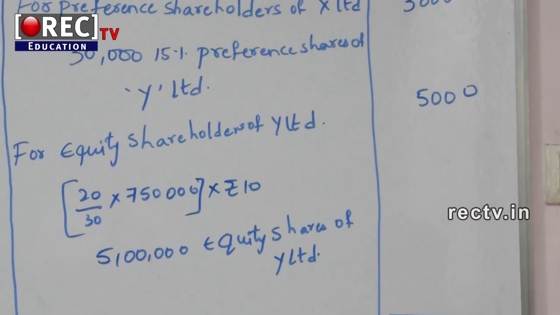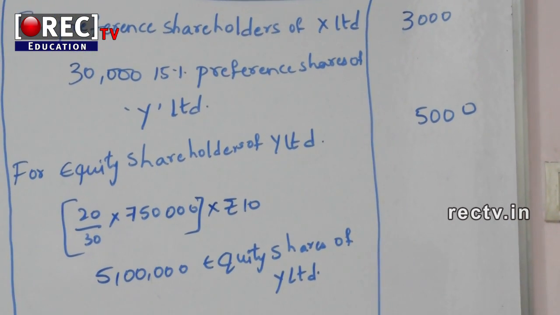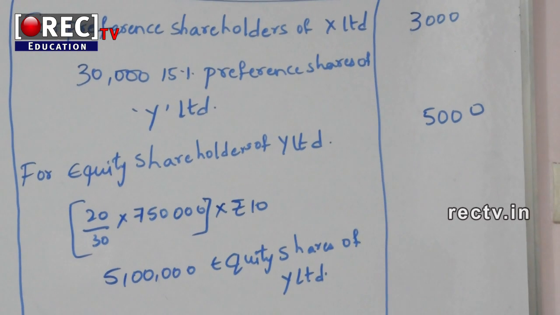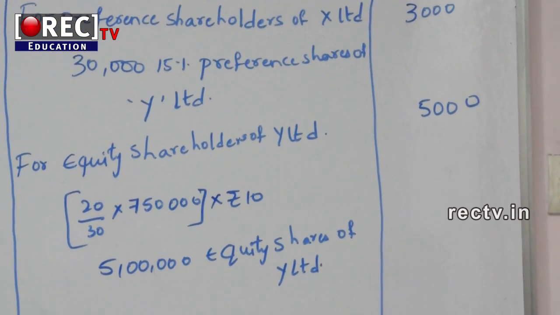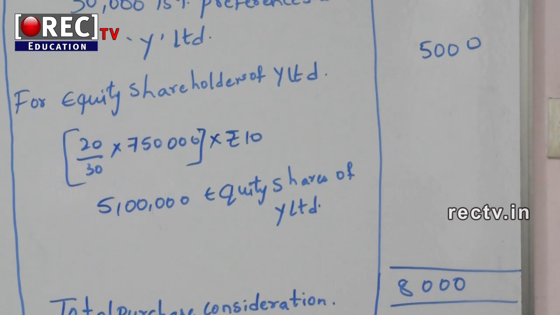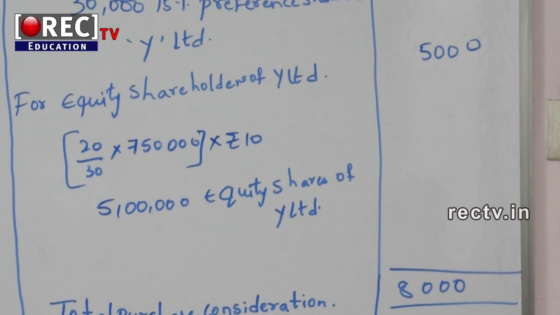Now the main important point in this computation of purchase consideration is what they are doing to discharge the equity shareholders. In the problem it is given that equity shareholders are discharged on the basis of the intrinsic value.